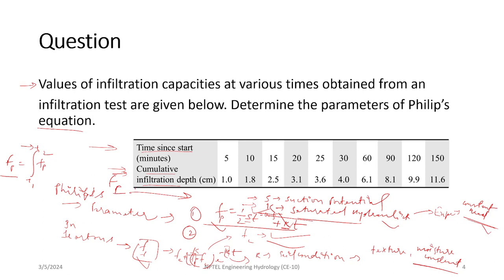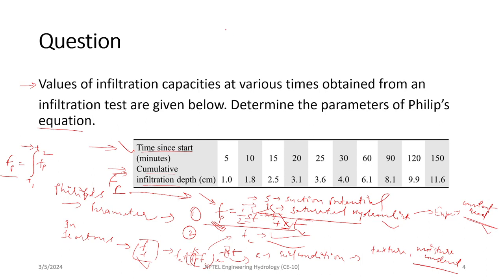What we will do is take out the incremental value, so based on the incremental depth, we will get fp. So the fp value we already have. Now what remains? T, and T we also have.